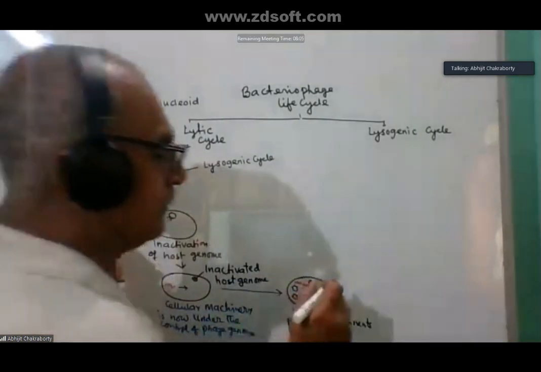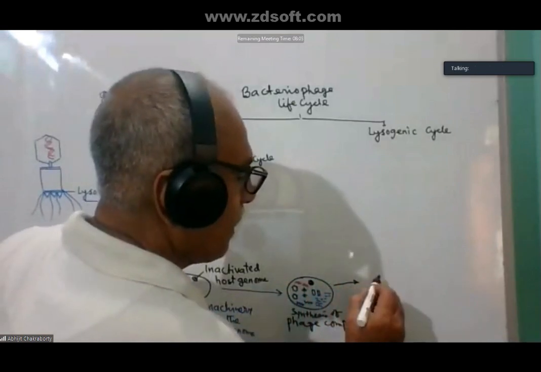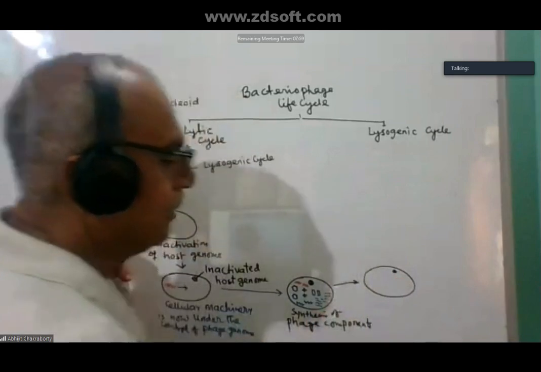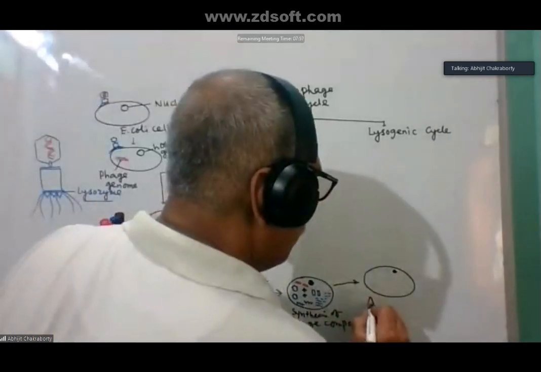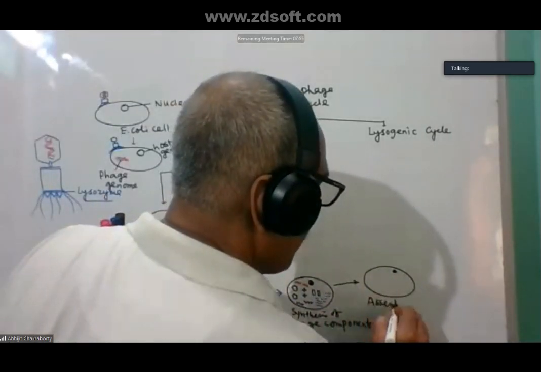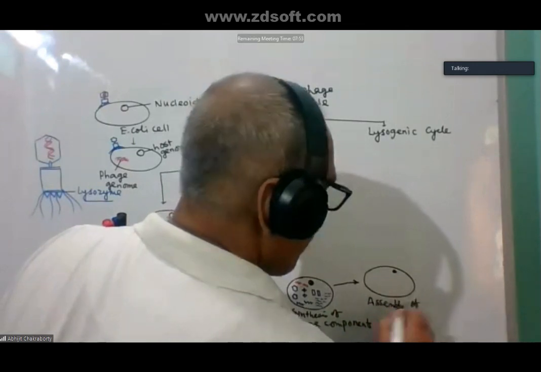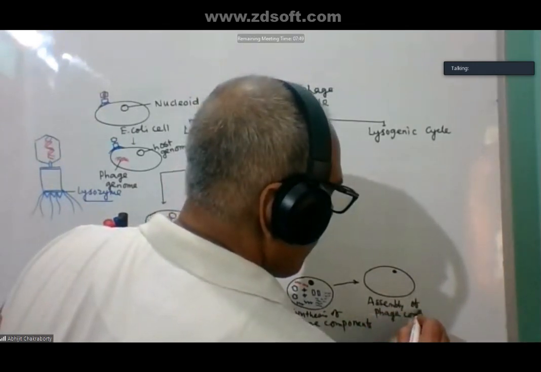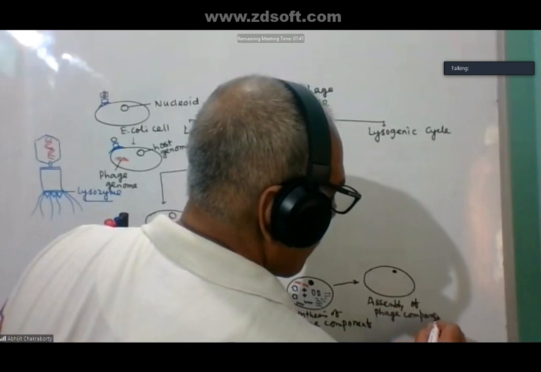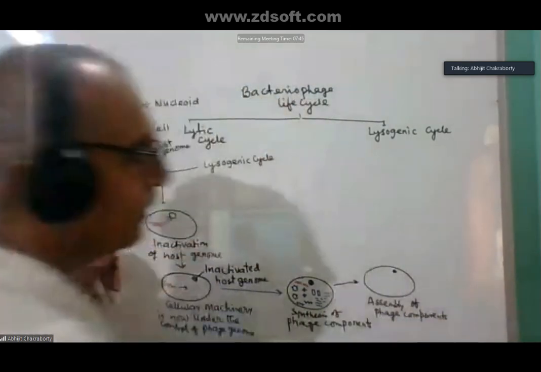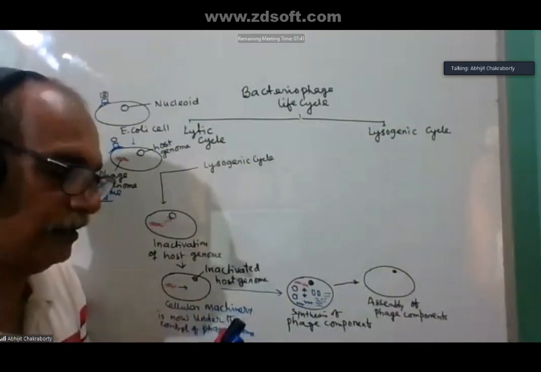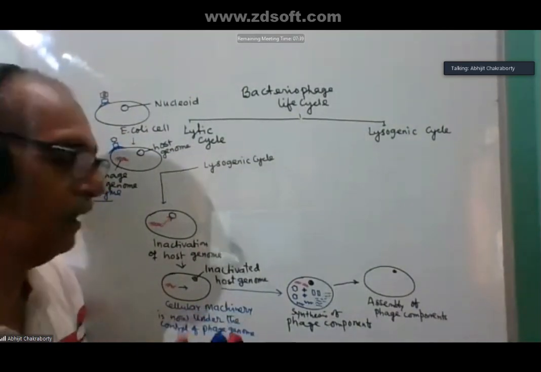Then what happens? Here, assembly of phage components. Next is the assembly of phage components. And here what happens?